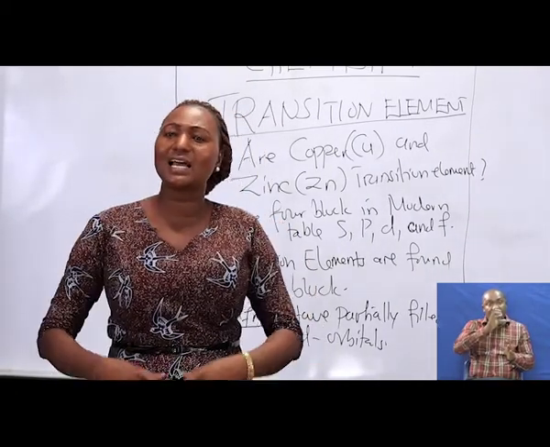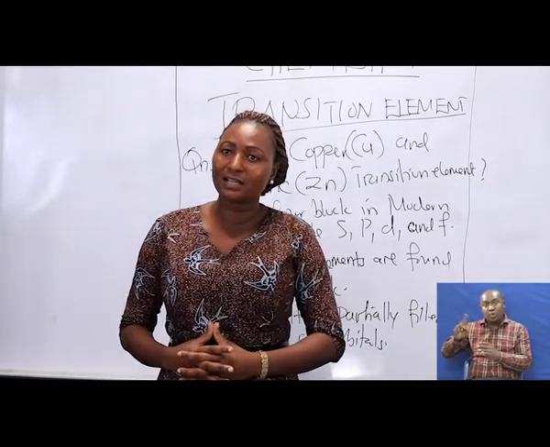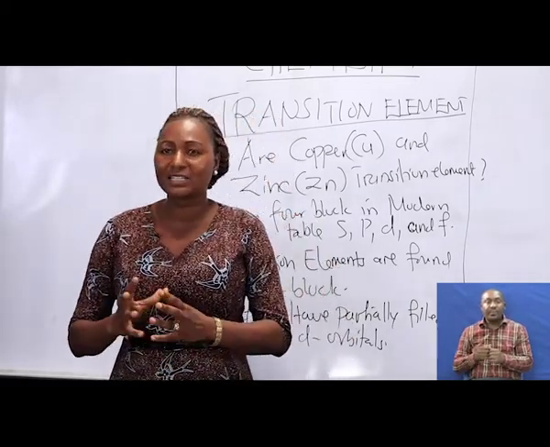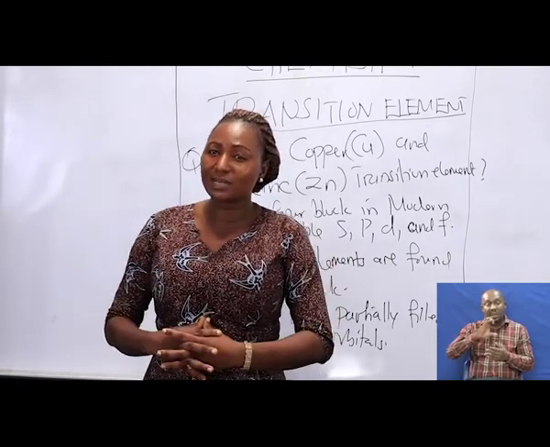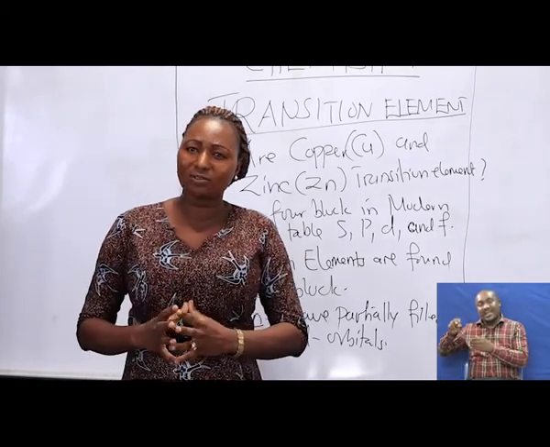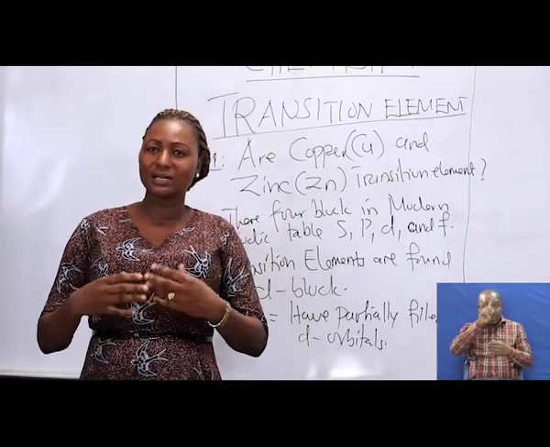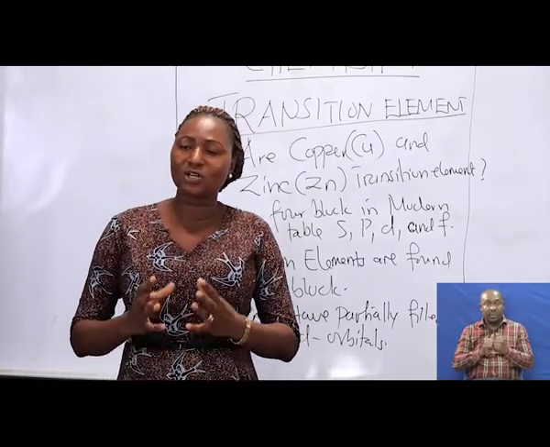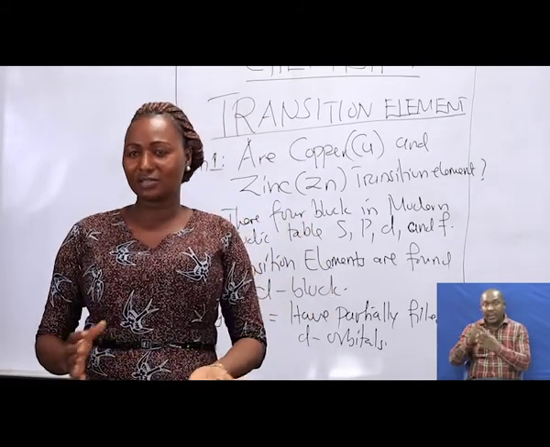Let us see the electronic configuration of these elements, from scandium with atomic number 21 to zinc with atomic number 30. This will enable you to understand whether copper and zinc are transition elements or not.